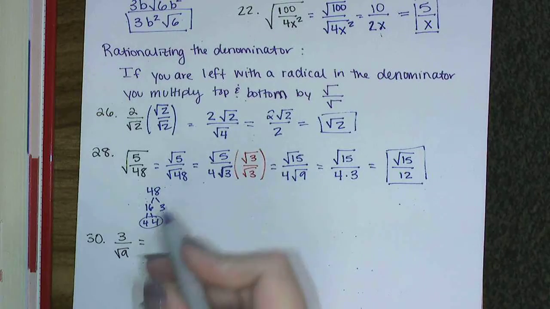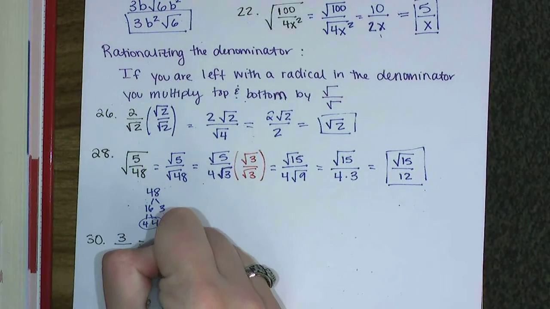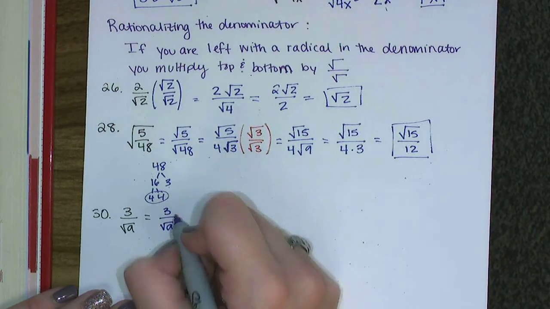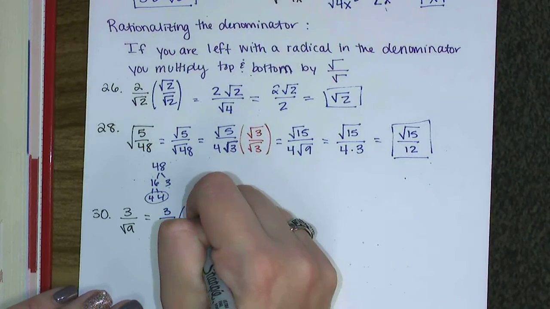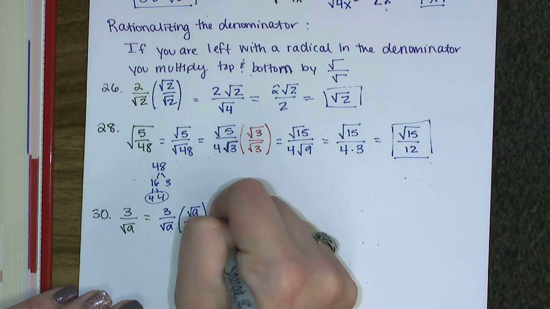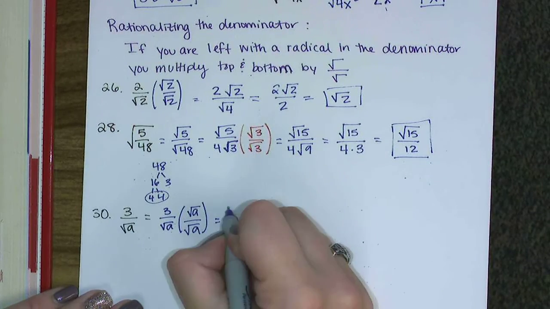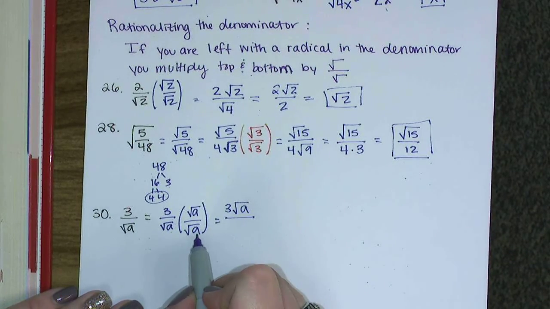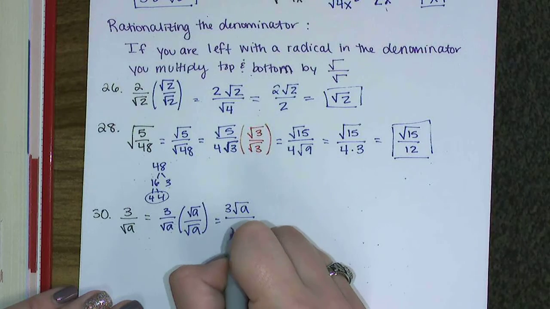So I've got to multiply by the square root of a over the square root of a. Which gives me 3 times the square root of a, all over the square root of a times the square root of a, which is the square root of a squared, which ends up giving me 3 times the square root of a all over a.